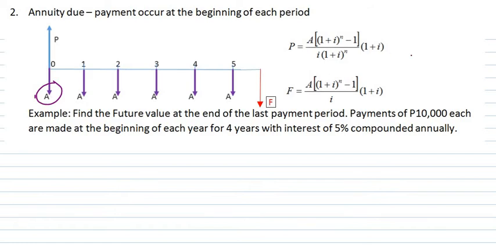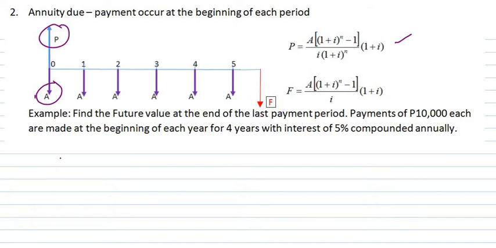So we have our formula for the annuity due when problems involve annuity due. We have this one as our formula for the present value P, and this is our formula for finding F.